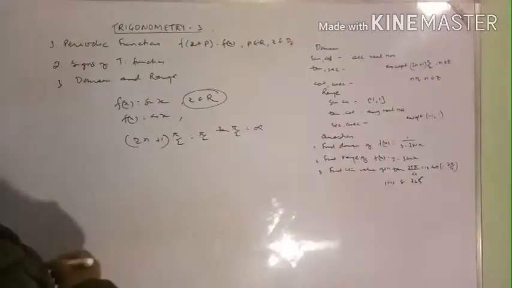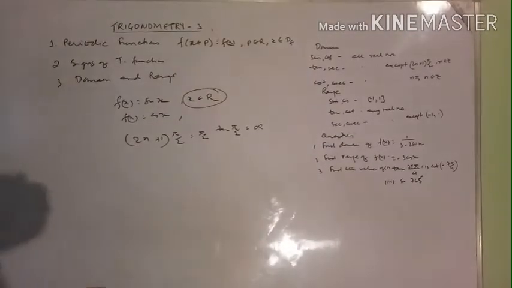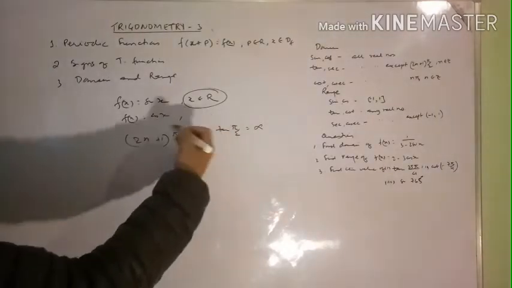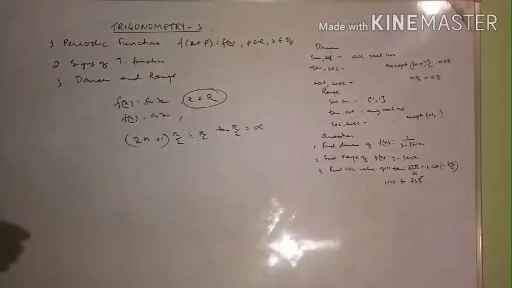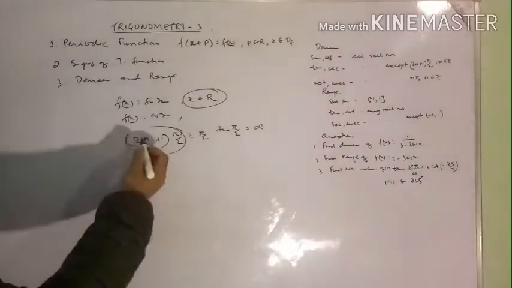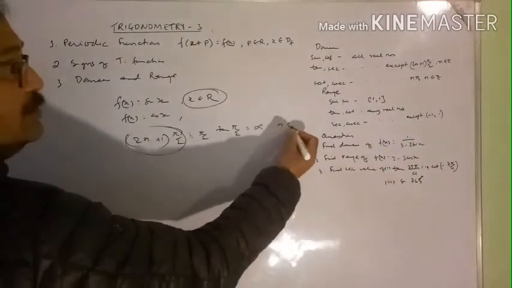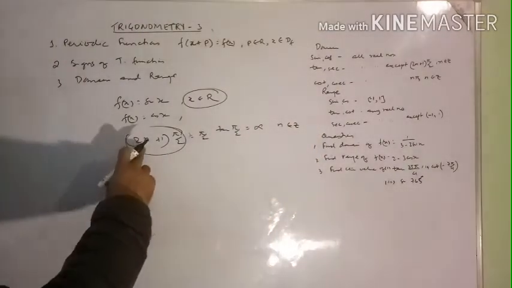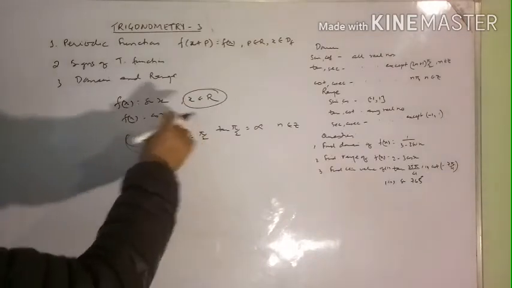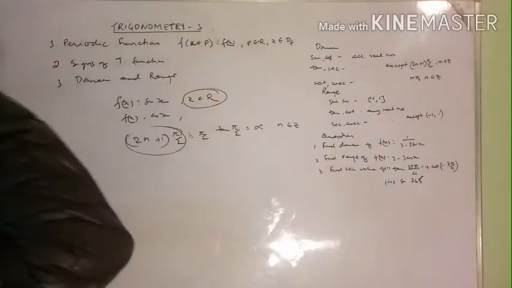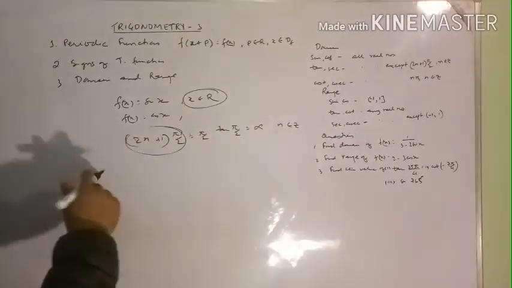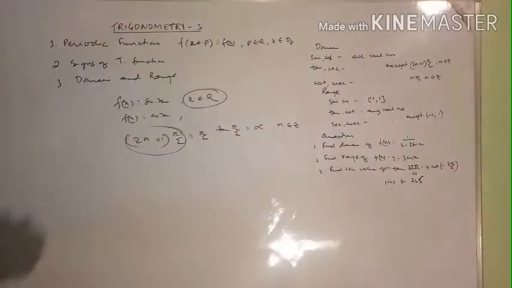So when x takes any of these values, tan of that value will be undefined. That means x cannot take these values, for all n belongs to Z. For these values tan and sec are not defined; the values will be infinity. When n equals 0 you saw tan 90 is infinity.